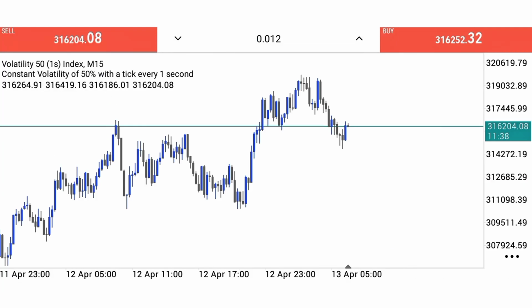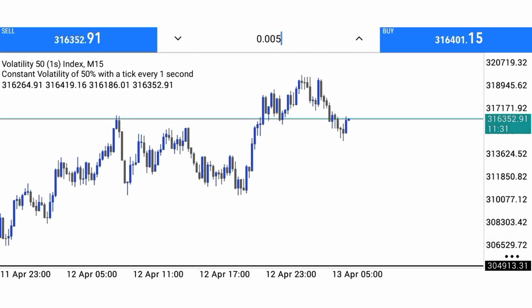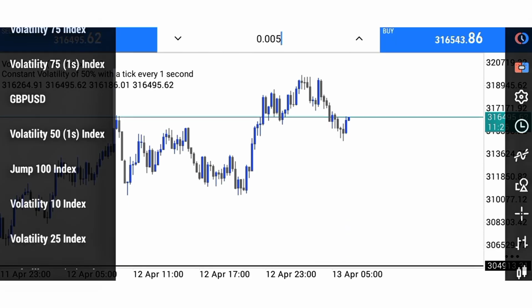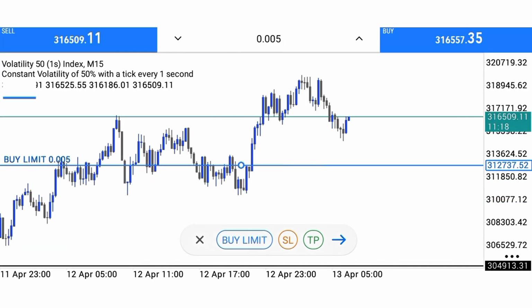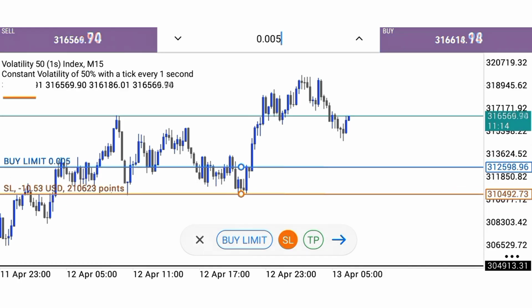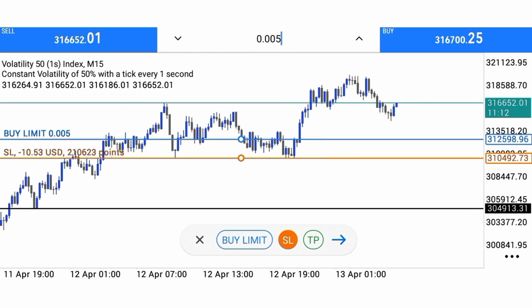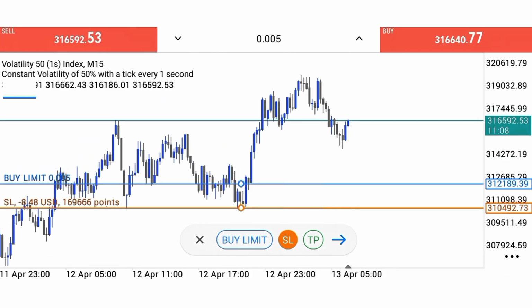But you can't do this on volatility 50 1s. Let me show you here. On volatility 50 1s, the lowest lot size is 0.05. But even at this 0.05, it's still higher than the lowest lot size on volatility 10. Now let me show you an example. So when you click on this, and you bring down your stop loss to the lowest point, you can see you are already risking $10 for this little price movement here, using the lowest lot size.